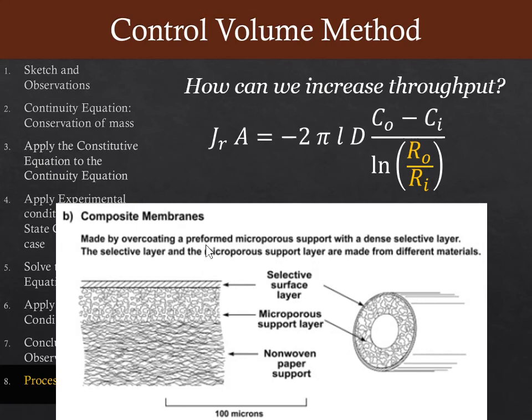So we do need some mechanical support still. So one way to do that is to make a composite wall in our cylindrical tubes. You can see here a non-woven paper support, microporous support layer, and then we move into the actual wall thickness itself. Okay, this could be one way to really improve the throughput.